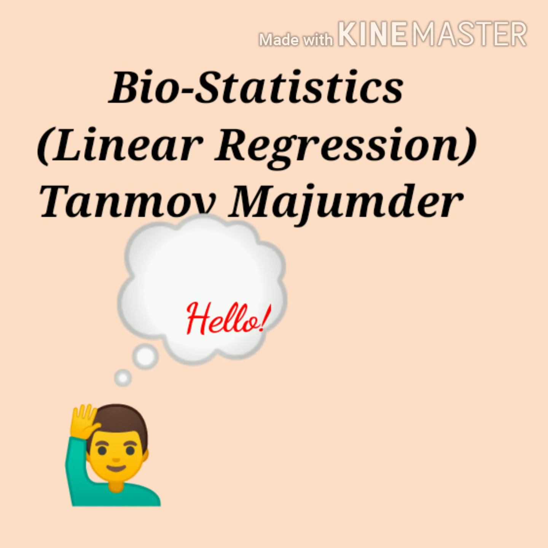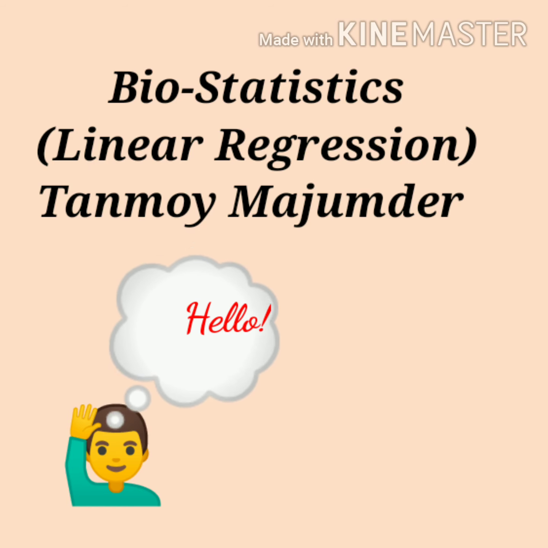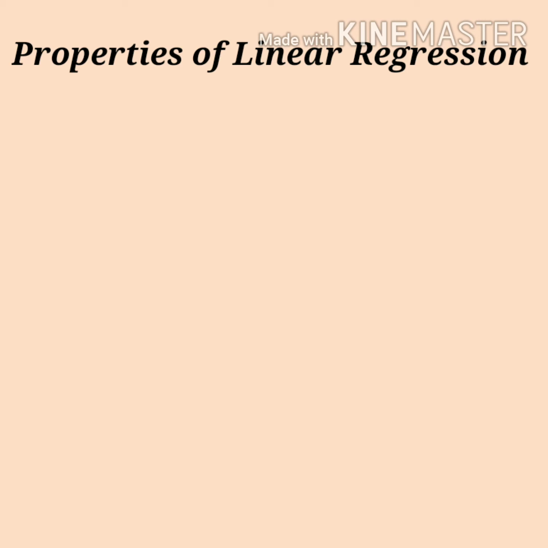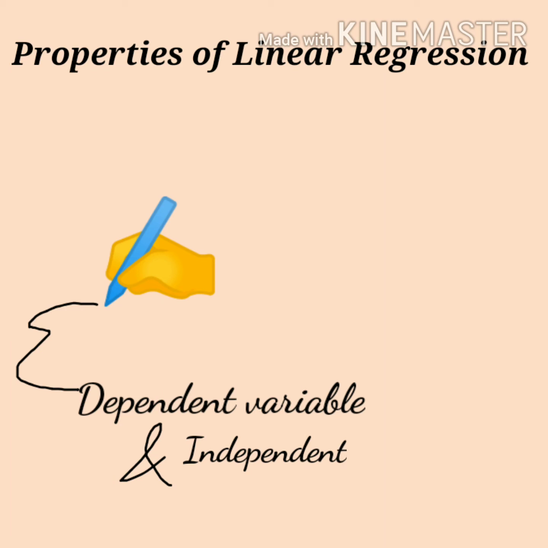In this video, I will discuss the main properties of linear regression equations and I will solve some mathematical problems of regression analysis. So student, I have told you regression analysis is a set of statistical processes for estimating the relationship between the dependent variable, which is often called outcome variable, and one or more independent variables, which is often called the predictors.